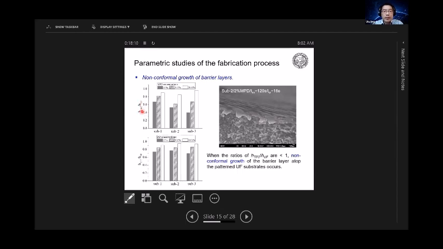But we always find that the TFC membrane is shallower than the patterned ultrafiltration membrane, right? That indicates you have more growth in the trenches, and generally the ratio is between 40% all the way to 80–90% when the concentration is very low.